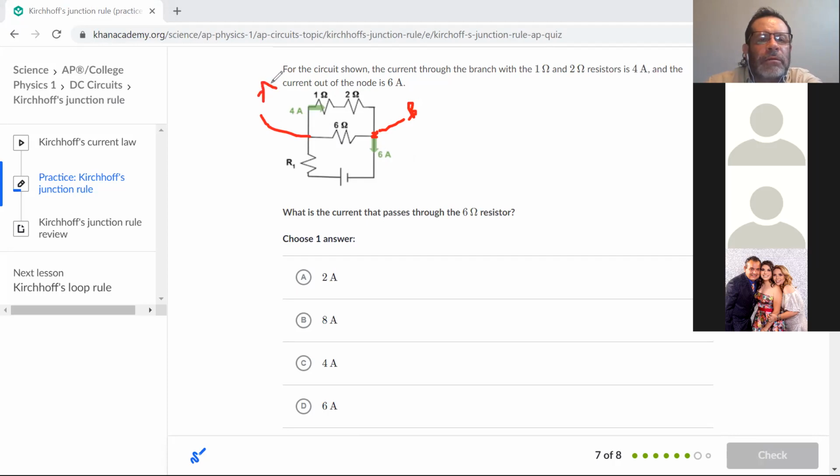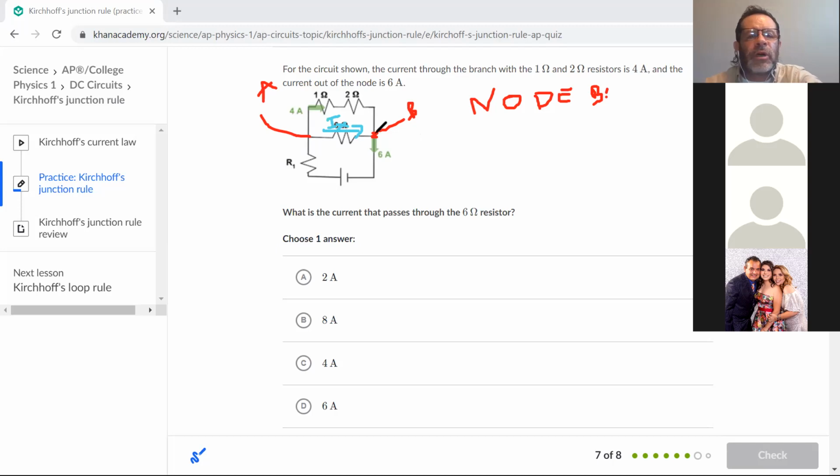And they are equivalent. I'm going to now take node B. Do the same analysis as in node A, it would be the same thing, but in node B. And we're looking for the current here in the 6 ohm resistor that I'm going to also call Ix.